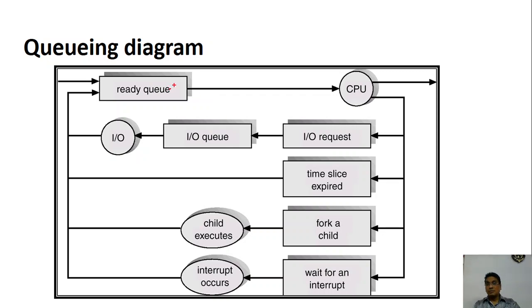So you have a process here, and the CPU is executing, and suddenly an interrupt occurs. Remember, whenever there is an interrupt, your program is interrupted, not terminated.